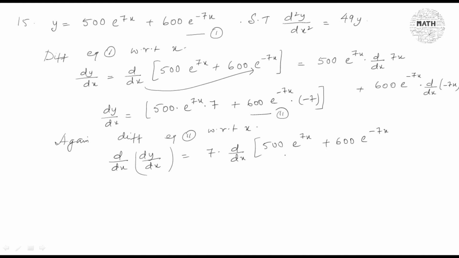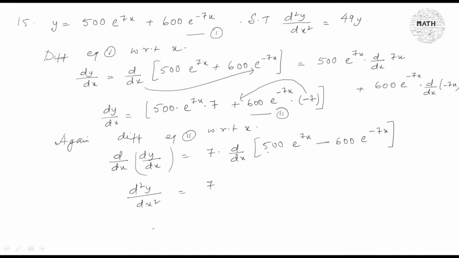Sorry, that shouldn't be plus, that should actually be minus. Why minus? It's because minus into plus is nothing more than minus. So that's your minus. Okay, so I got here d square y by dx square is equal to 7.